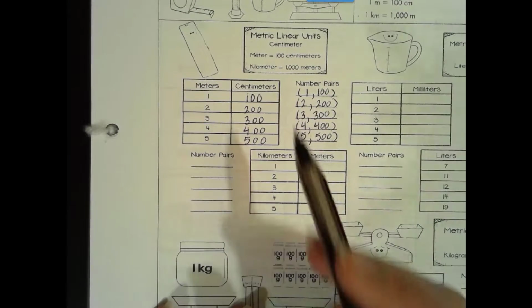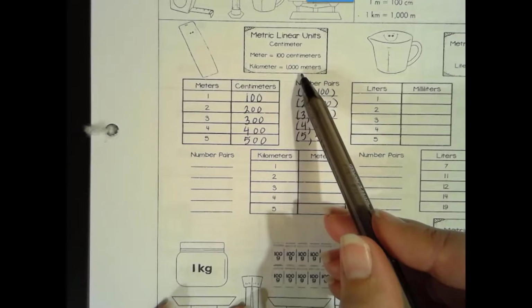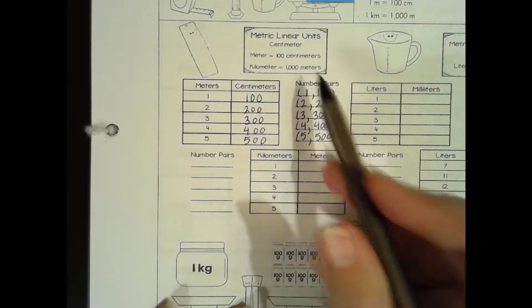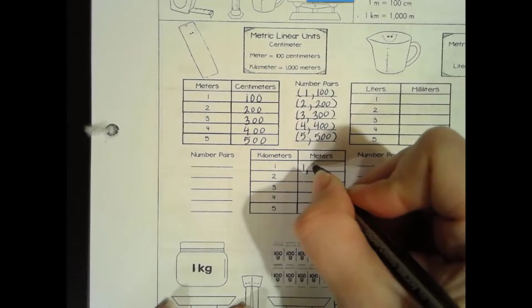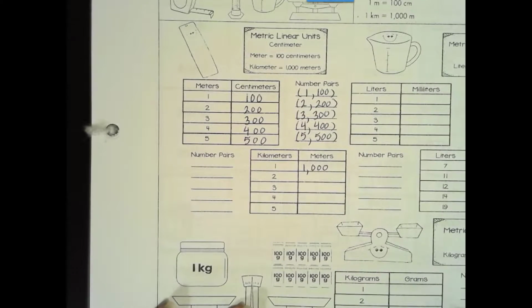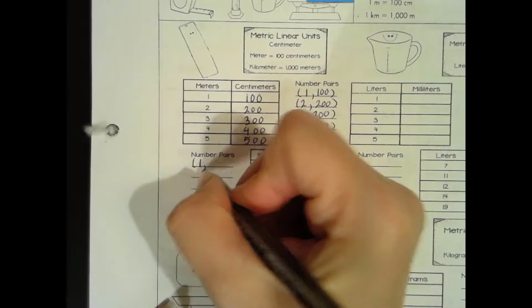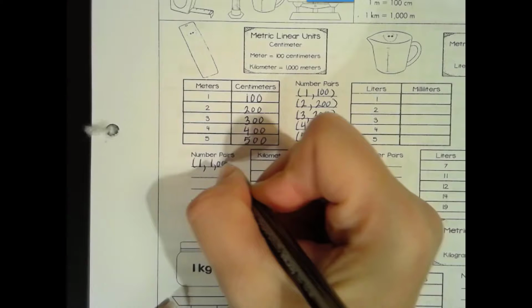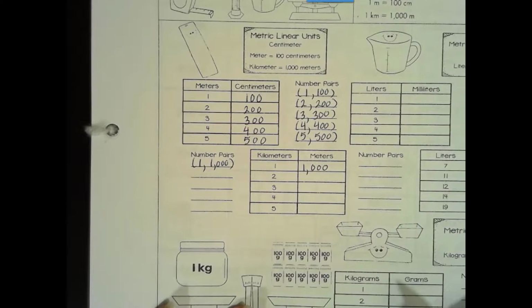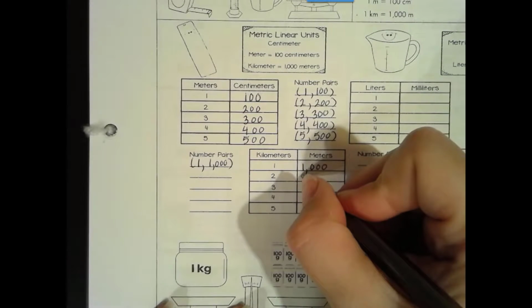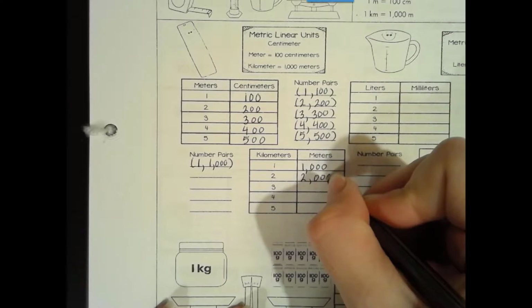Now we're going to look at kilometers, because a kilometer is equal to 1,000 meters. So if I have 1 kilometer, there are 1,000 meters. So our number pair, for every 1 kilometer, there's 1,000 meters. 2 kilometers would be 2 sets of 1,000, so 2,000.